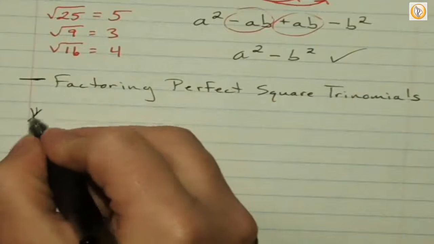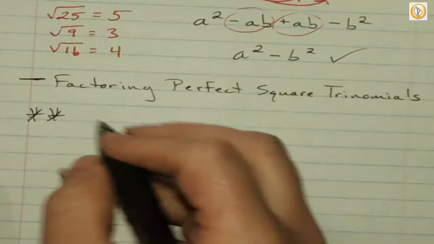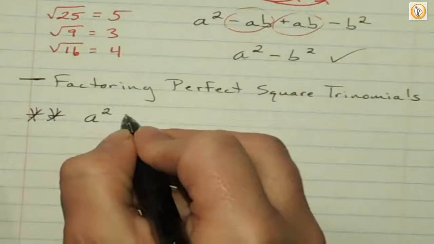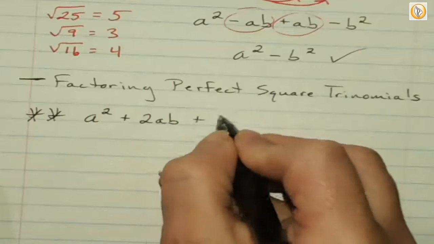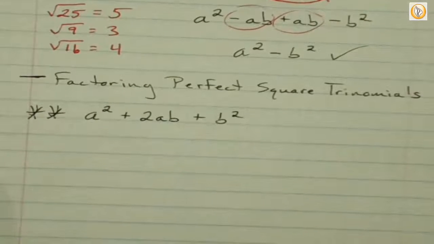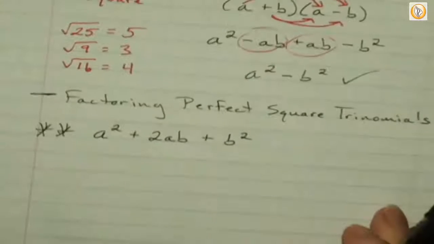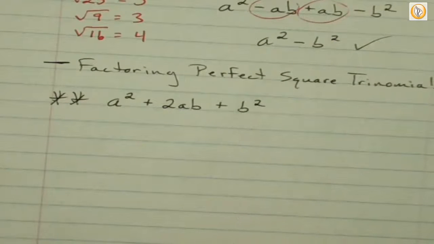The first one, let's say it looks like this. A squared plus 2ab plus b squared. So before we had a squared minus b squared. This time we have a squared plus 2ab plus b squared.